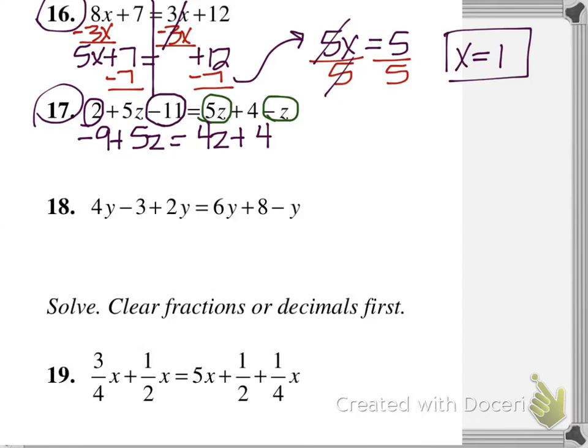So now that I've simplified both the left side and the right side, now I can do the same thing I did in the above problem. I need to get all of my z's onto one side.